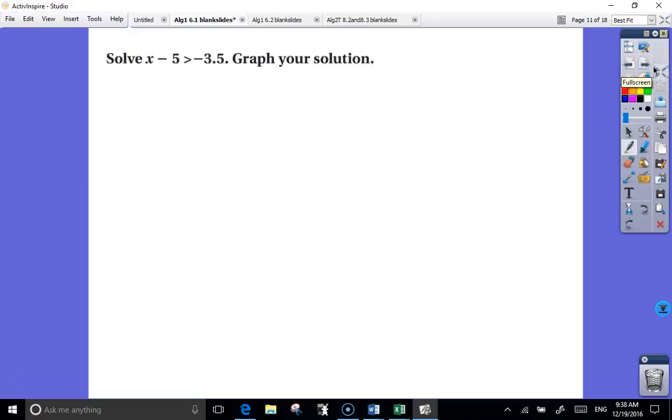Here's an inequality that is not solved, right? X minus 5 is greater than negative 3.5. How am I going to isolate the x? Add 5.